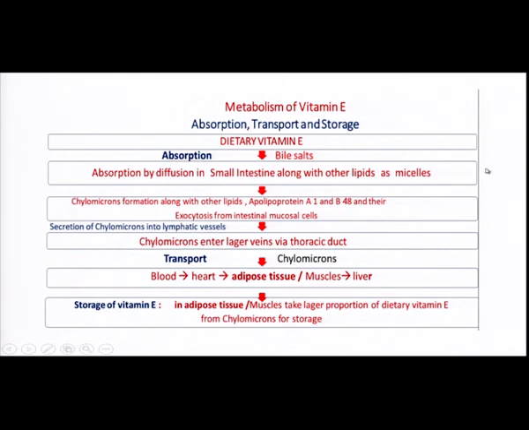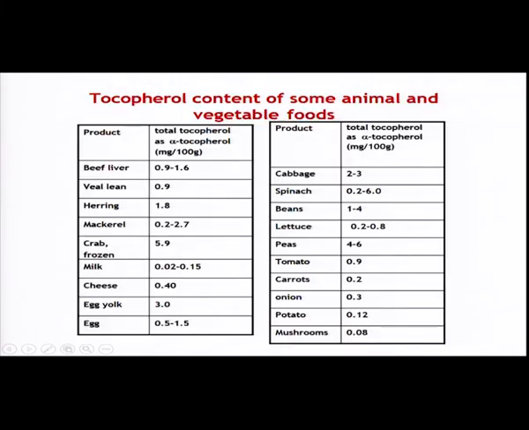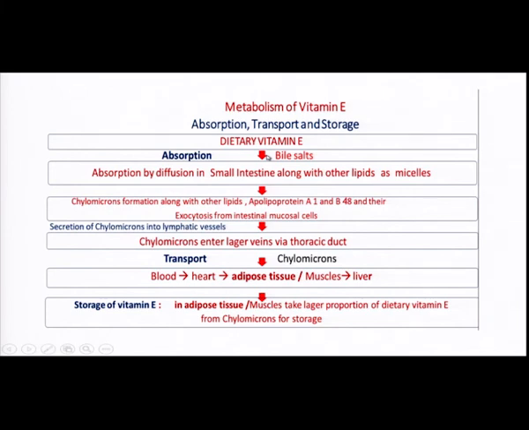So, dietary vitamin E. All the food substances that we have seen are now emulsified. The fat material is emulsified. Being a lipid soluble vitamin, the presence of bile salts would definitely encourage good absorption of vitamin E. The absorption is basically by diffusion in the small intestine along with other lipids as micelles.